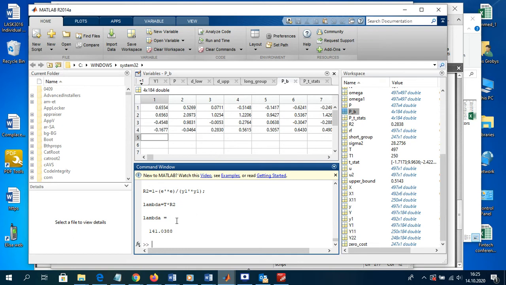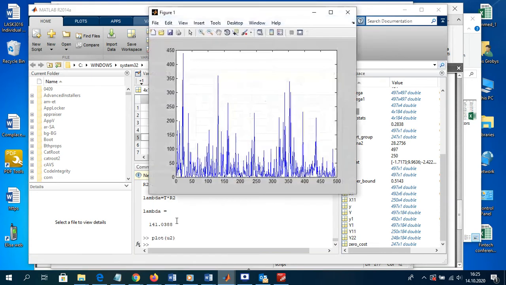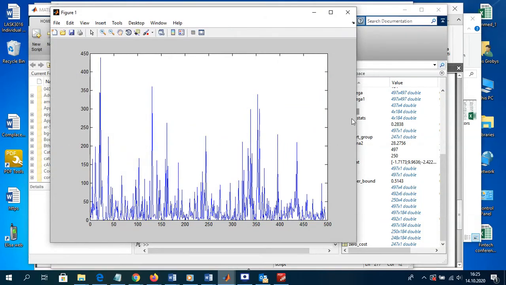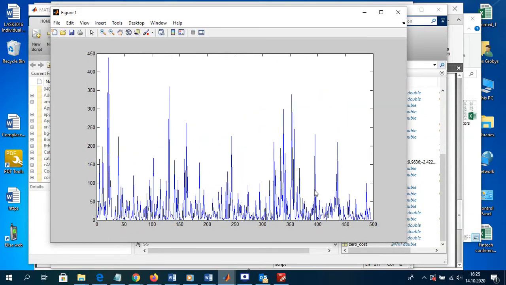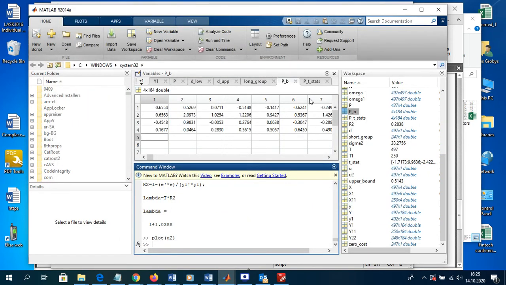So let's just, for fun, plot this vector of squared residuals. Obviously, much more extreme now. It's much more extreme than it was when we just used a constant in the model. So this is pretty obvious that we have volatility clustering going on in this data.